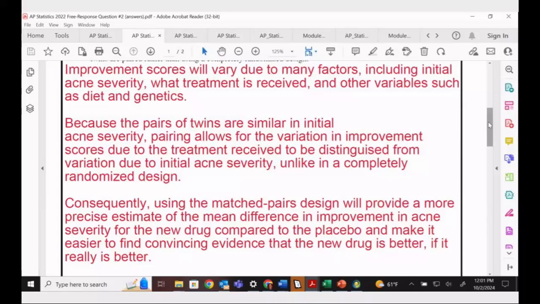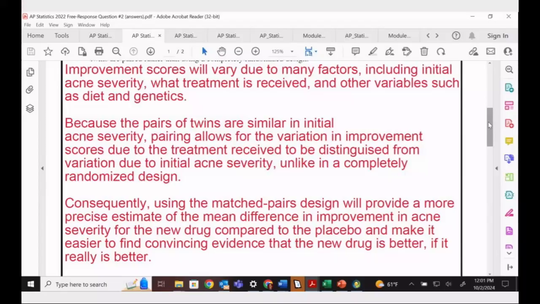So being able to pair them together, one of the other benefits here is not only do they have the same starting level of acne severity, what else do they have in common? They have their genetics in common. And while not 100%, what else do they also likely have, not exactly the same, but in common? Hormones. What else?